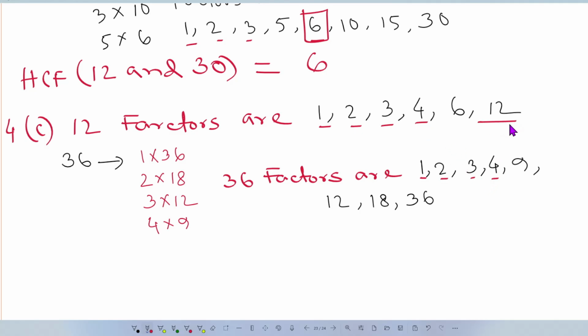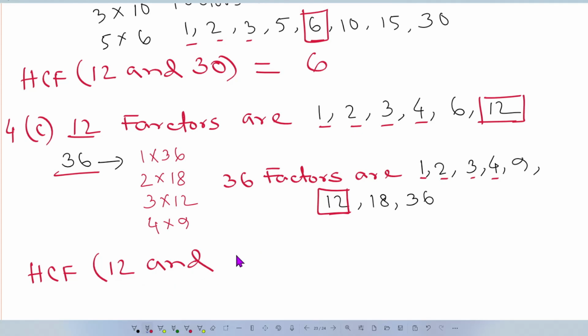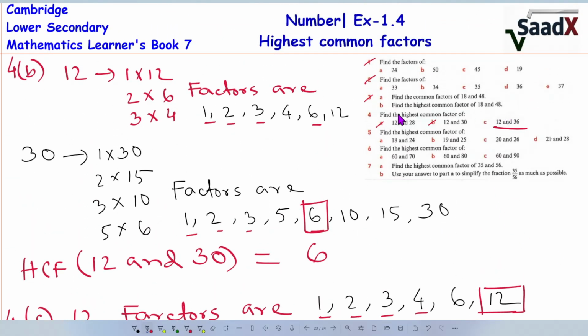And look, here is 12, here is 12, it's the highest. So 12 is our highest common factor of 12 and 36. So we can write HCF of 12 and 36 equals to 12. Okay, so number 4 done.